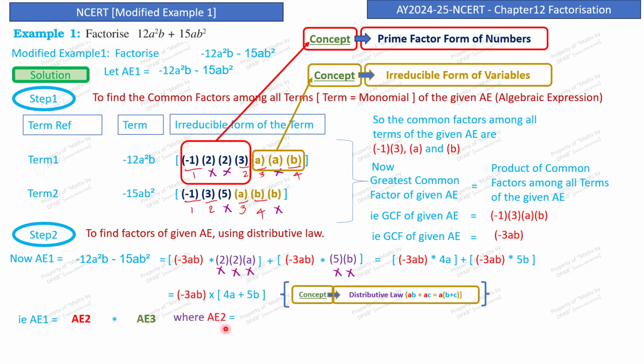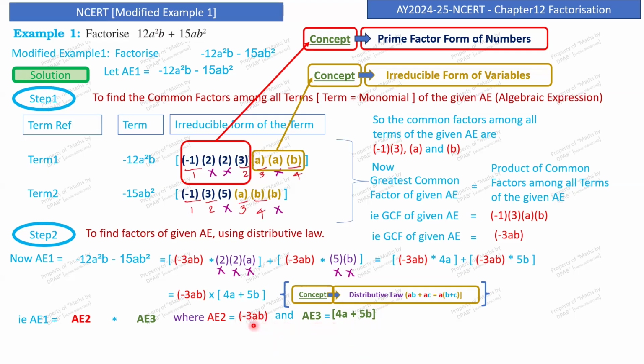So AE2, as I explained, is minus 3ab, which is put in the curved bracket. And AE3 is 4a plus 5b, which I put in the square bracket. You can put it within the curved bracket also, but I differentiated between AE2 and AE3 to make the understanding very clear.